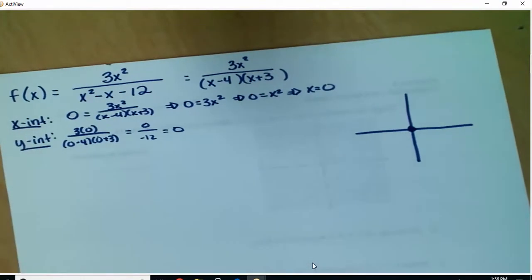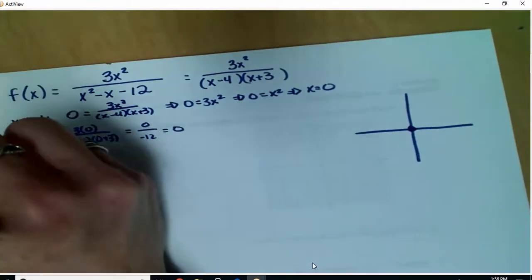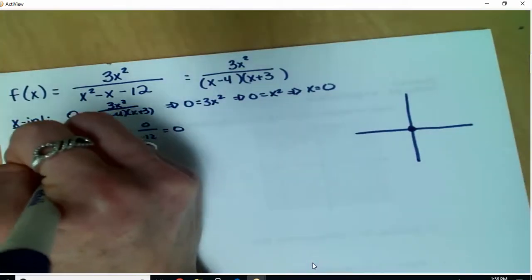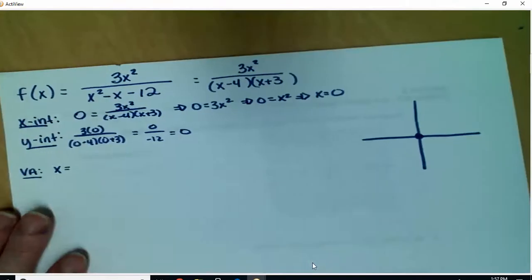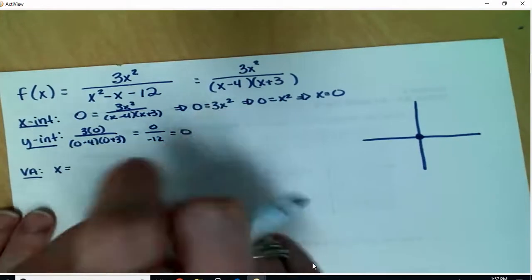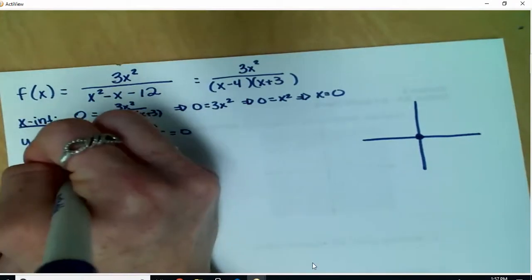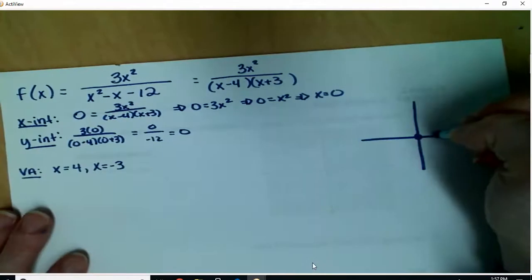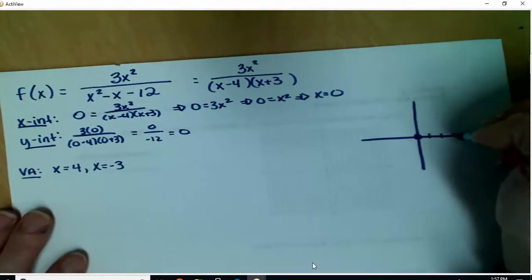Okay, then I'll ask you about your asymptotes, vertical asymptotes. Those are x equals whatever makes the bottom 0. So what would make the bottom 0? So I'm going to plot those. They go on as dashed lines.